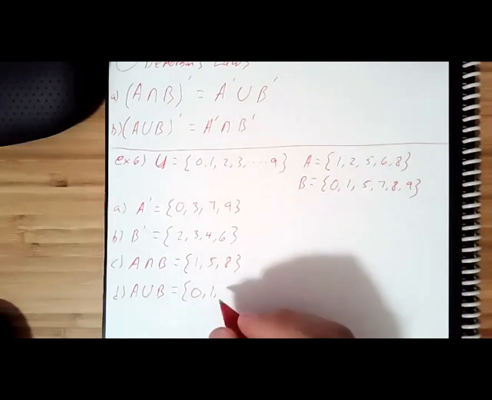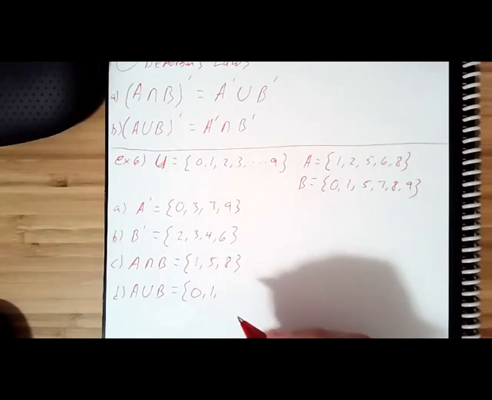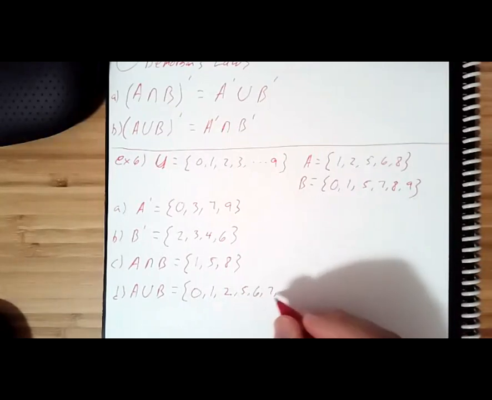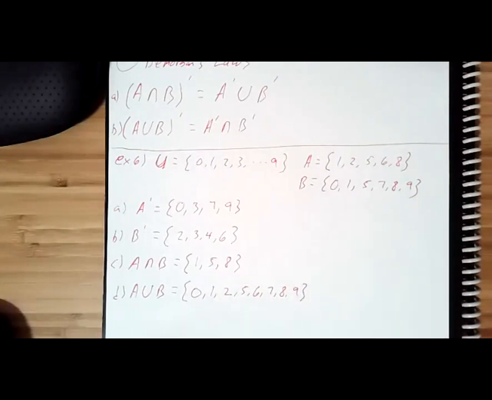Yeah, because if you double something in a set, it's just the same element, it doesn't count. So 0, 1, 2, 5, 6, 7, 8, 9. That's right. Does union and intersection make sense?